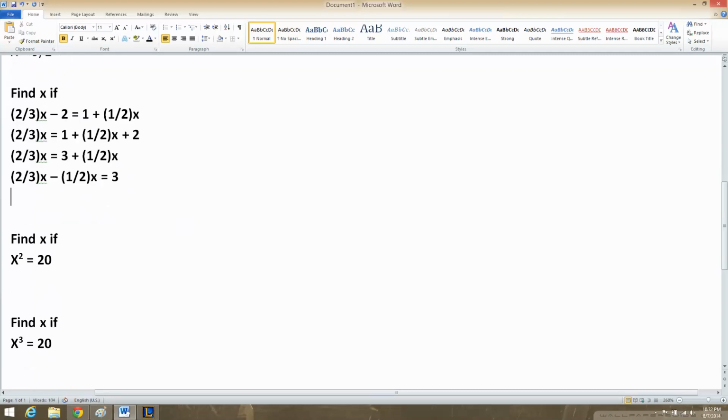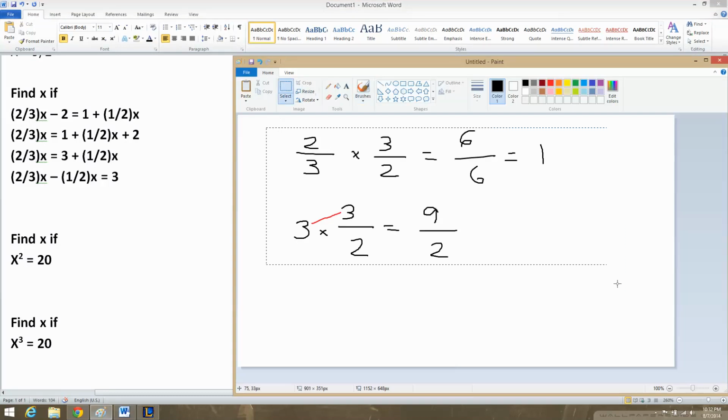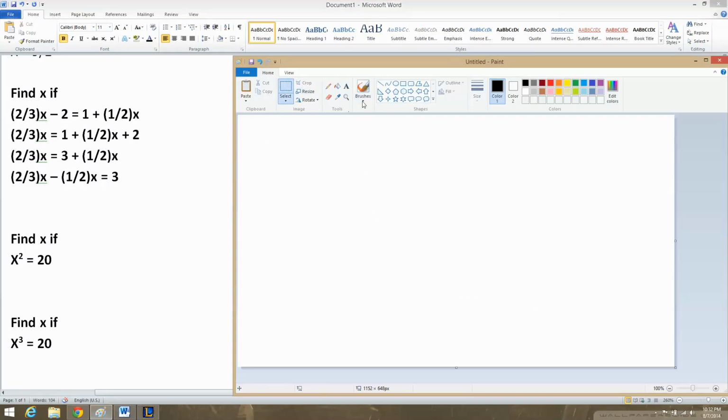I'm sure you know how to add and subtract fractions, but I'm going to go over this real quick too. So it's 2 over 3 minus 1 over 2, and all you have to find is a common denominator. For the bottom, you want to make it the same. The closest common denominator for 3 and 2 is 6.